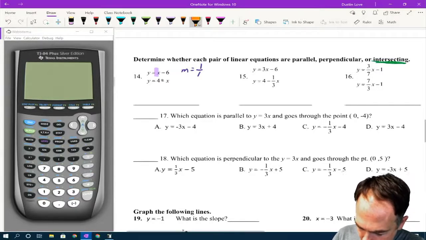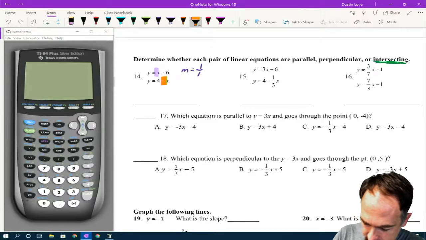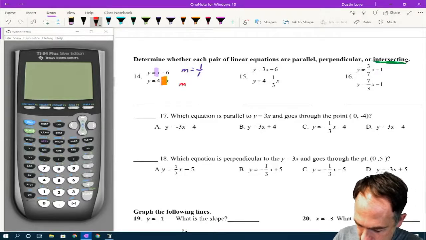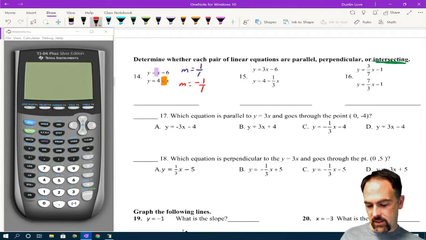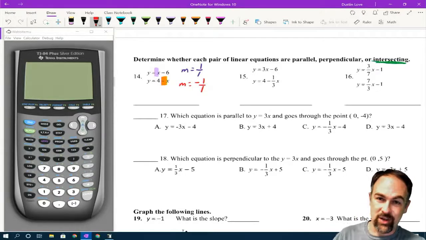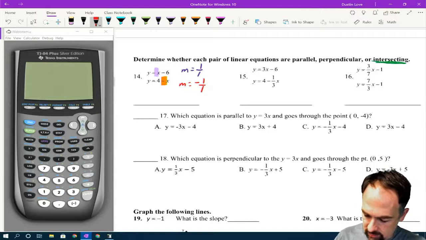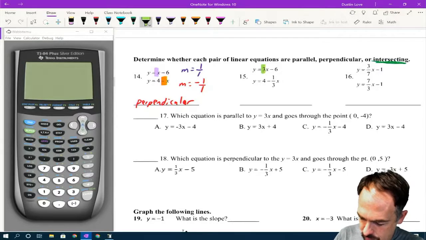Over here, I've got, again, my negative x, which means that my slope is negative 1 over 1. And let's see, if I take 1 over 1 and flip it upside down, I still get 1 over 1, and it's negative, so that's opposite reciprocal, which makes them perpendicular.